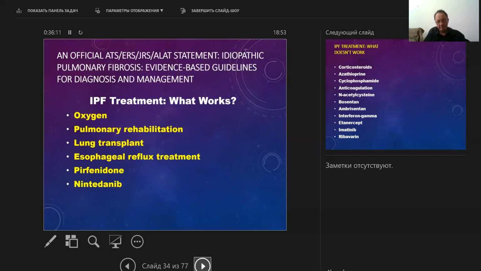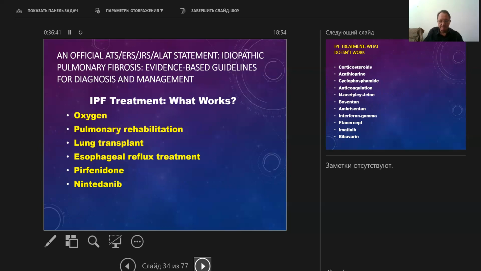If the patient has lung failure, we should compensate for the drop of oxygen in the blood with oxygen therapy. It may be long-term oxygen therapy using an oxygen concentrator at home, in outpatient conditions.